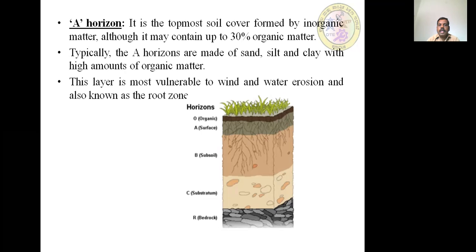Typically, the A horizon is made of sand, silt, and clay with high amounts of organic matter. This layer is most vulnerable to wind and water erosion and is also known as root zone, where you can see the roots of plants.